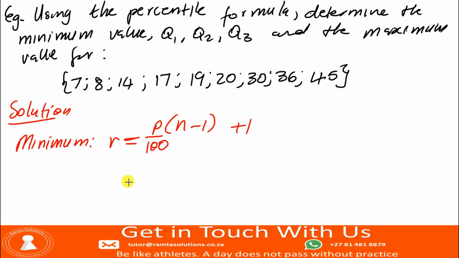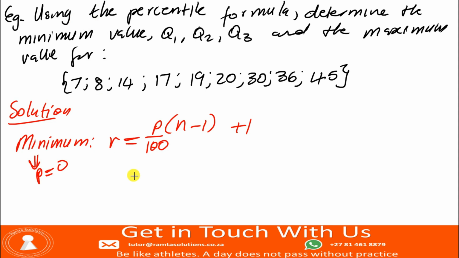For the minimum, P equals 0, and we expect R to be 1, but let's see if it will be 1.